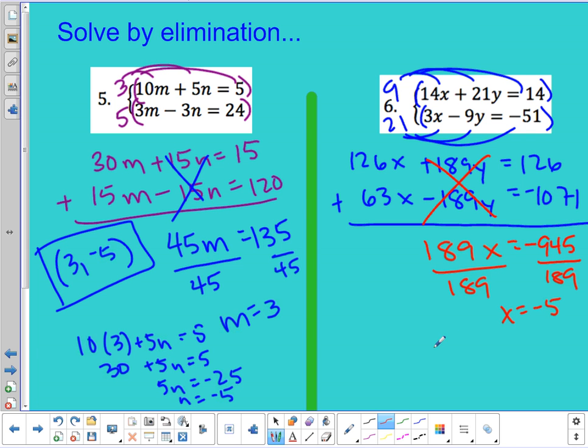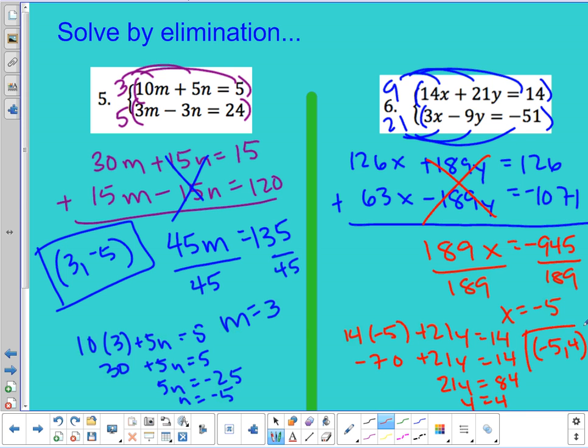Okay, so now I plug that x back in and I get 14 times negative 5 plus 21y is equal to 14. That is negative 70 plus 21y equals 14. Add the 70 to both sides and I get 21y equals 84, and then y is equal to 4. So my solution there is negative 5 comma 4.